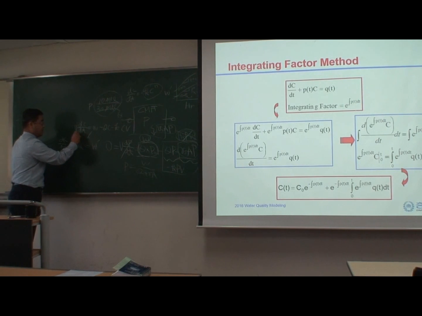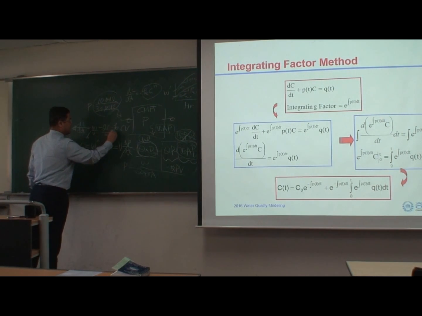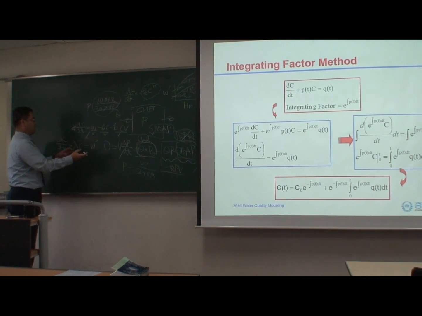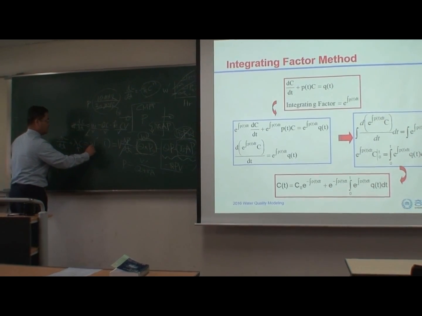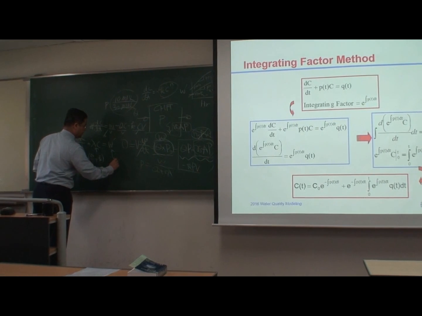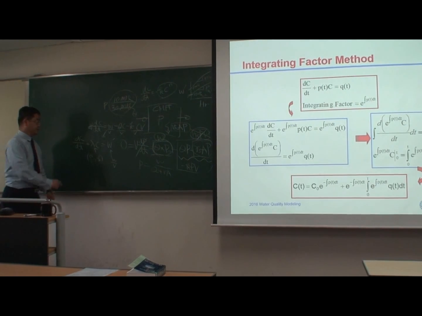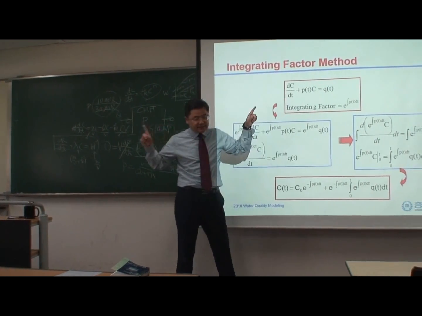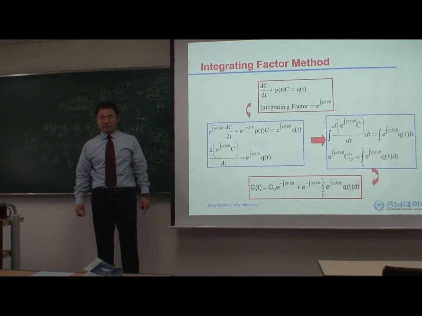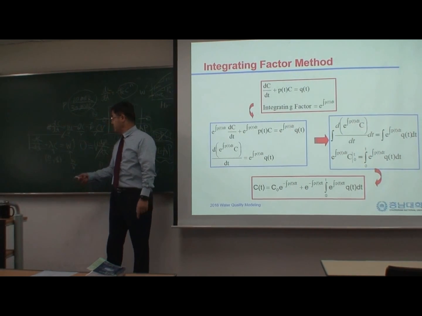Divide everything by V, right? And then we have dc/dt, and by lambda in here maybe Q divided by V and K divided by V. No, just K. Right? So this one and this one are exactly the same. Okay? Actually this one is easier.